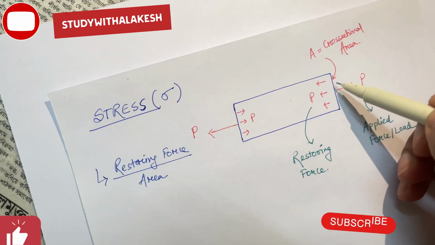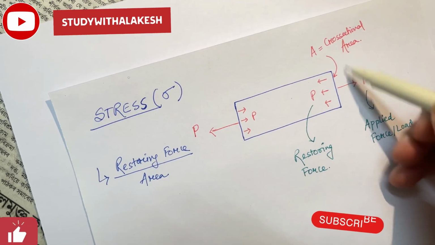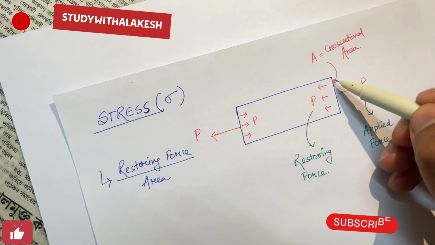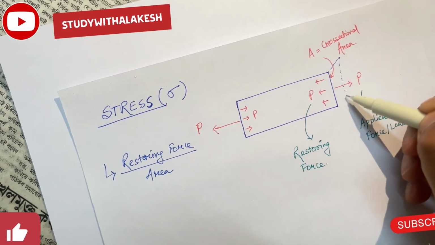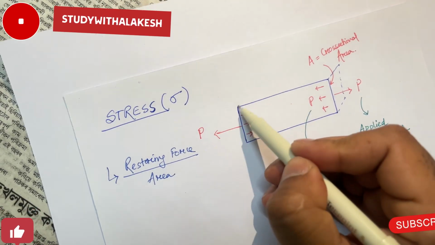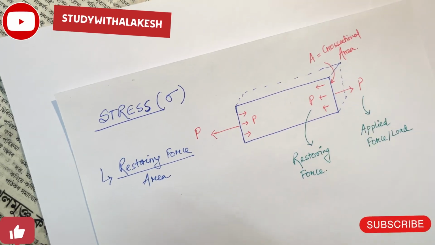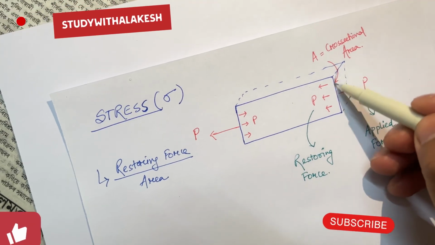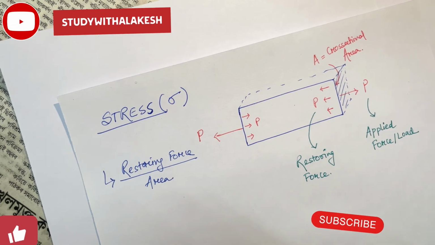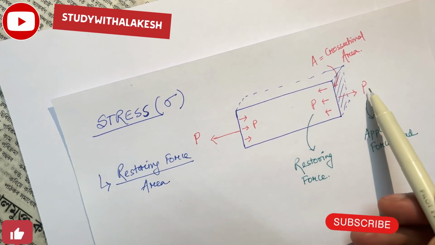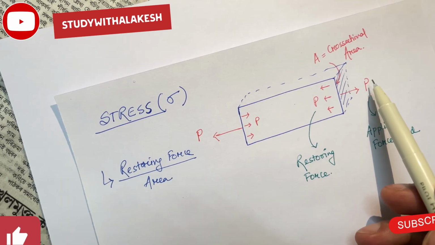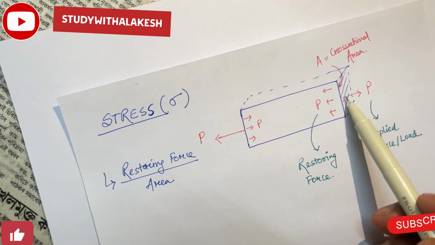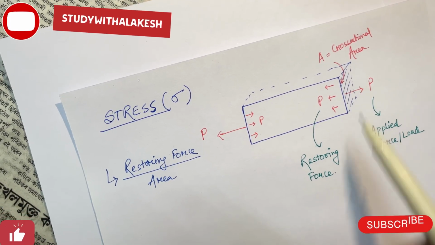Here, this is A, which is the cross-sectional area. Basically, if you are considering the 3D aspect, then this is the area. Are you getting my point? This is the area, and the load which is represented by P is acting normally on this surface.